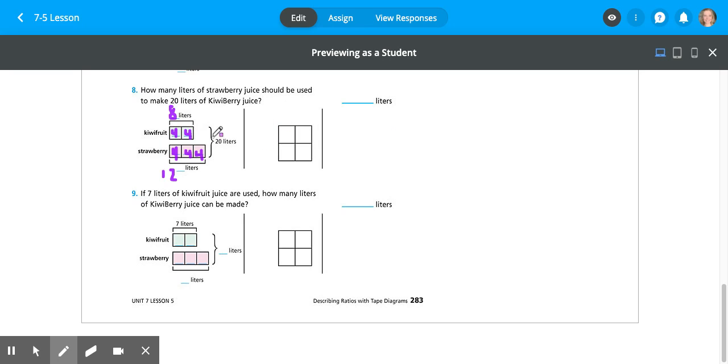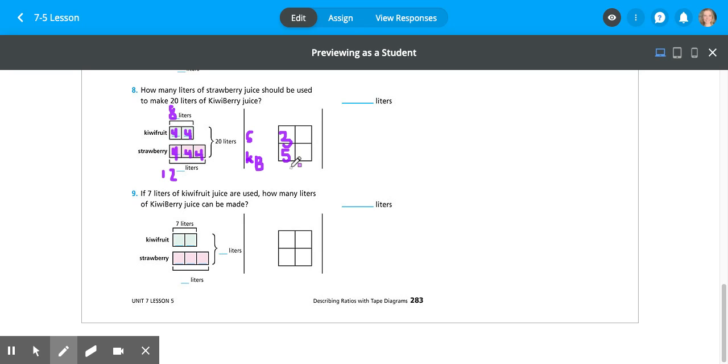We have 3 parts of the strawberry juice. So I'm going to do strawberry and then KB, because we're looking at our full kiwi berry amount. So our strawberry, we have 3 parts. There's 1, 2, 3. For all of the kiwi berry, there's 1, 2, 3, 4, 5.